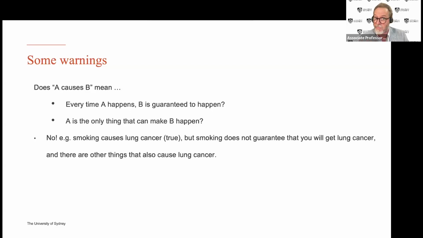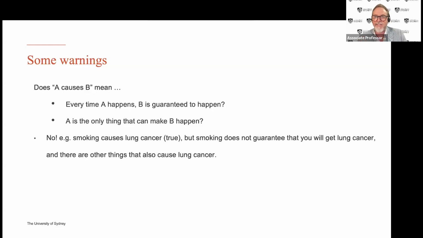So this is important because you cannot show that a causal claim of the form A causes B is false just by pointing out one example in which A happened and B didn't happen, right? We all know the fact that someone's grandma smoked all her life and never got lung cancer does not show that smoking does not cause lung cancer, okay?